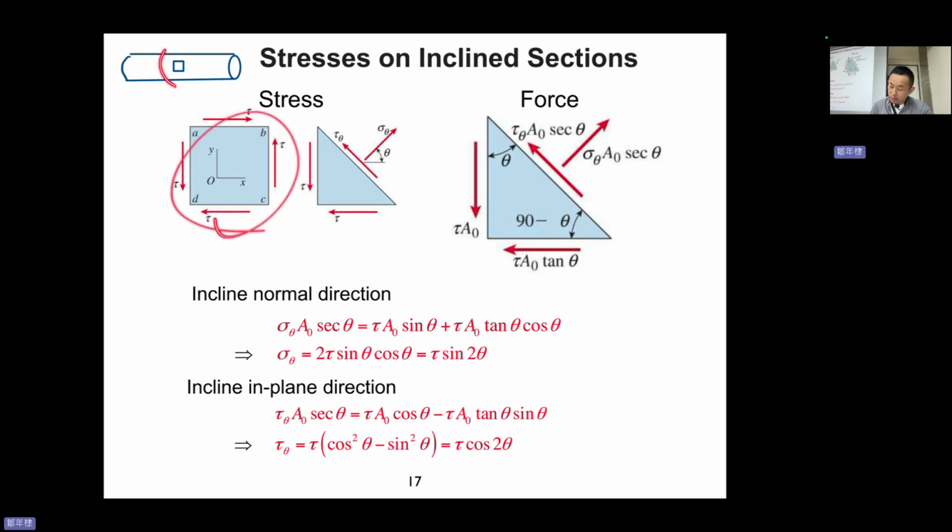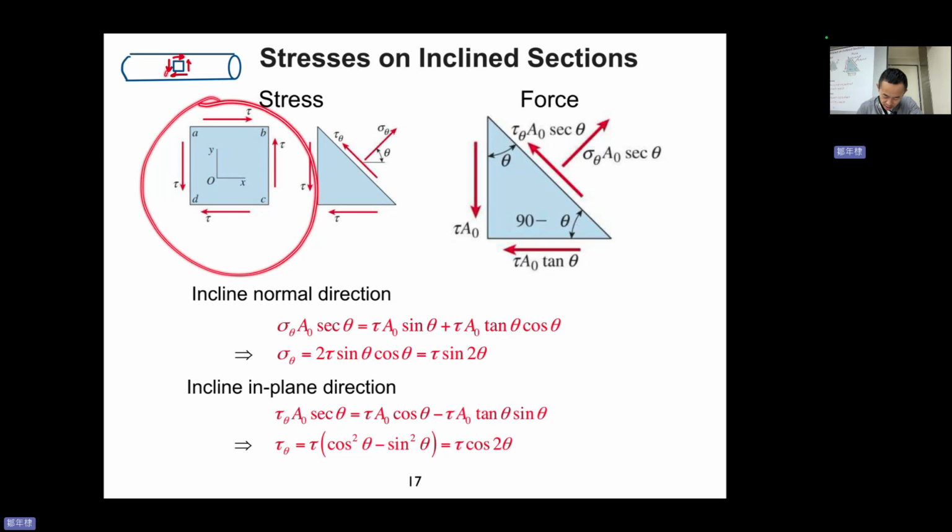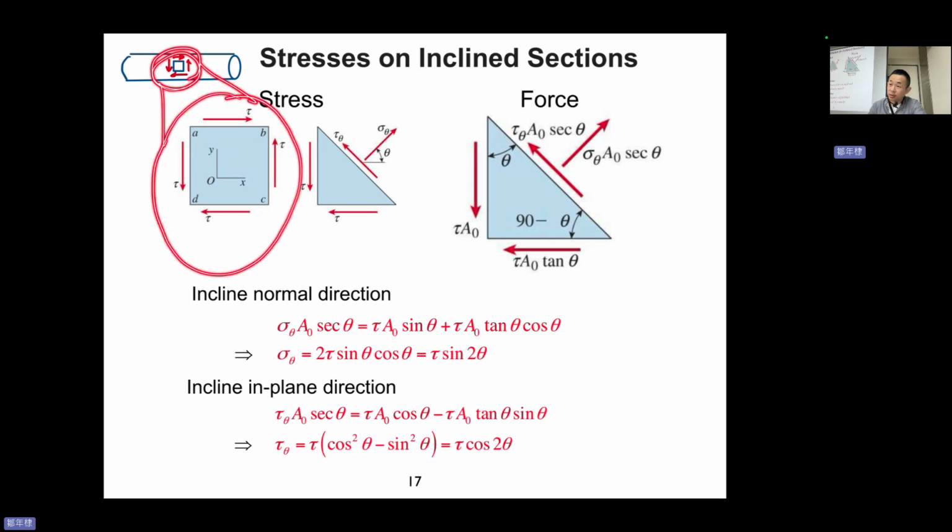This one is this one, and you see that this is up, down, left, and right. All right. So again, this is the enlarged version of this. This one enlarged. You can see this one.